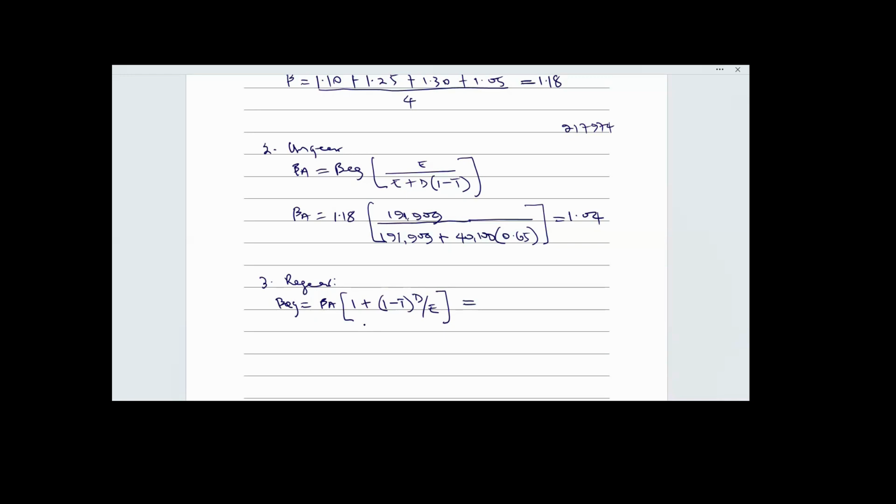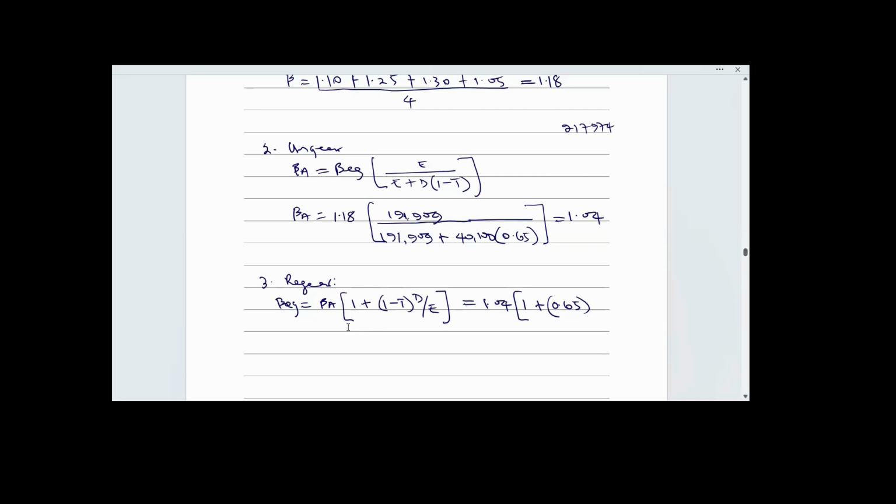So the beta asset we just calculated is 1.04, multiplied by 1 plus (1 minus tax), which is 1 minus 0.35, will give us 0.65. Then we need the debt equity proportion. What is the debt value of the main company, which is Kilimanjaro?